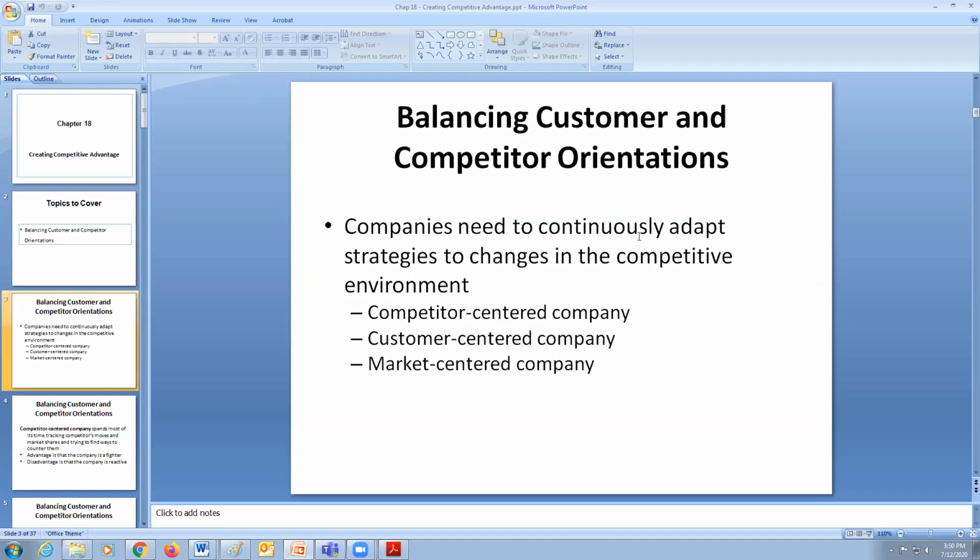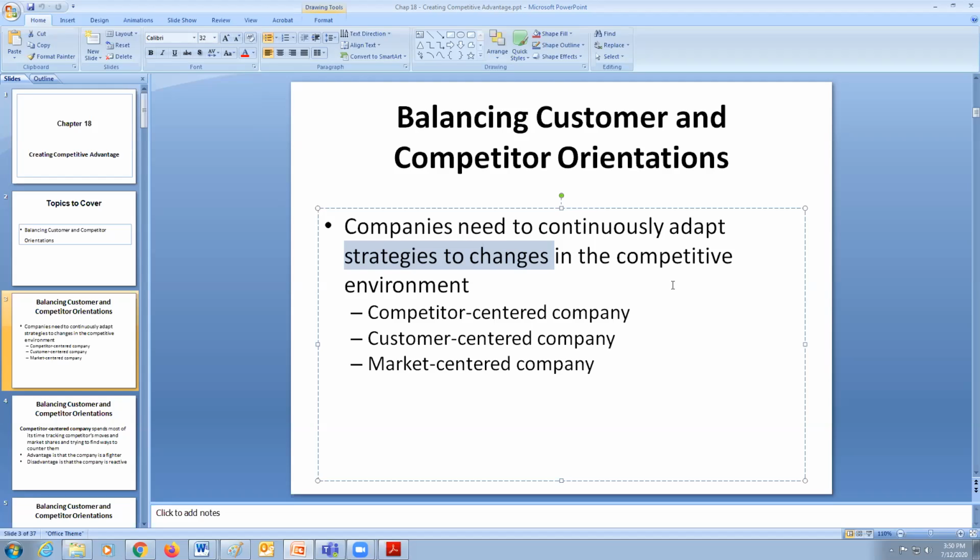Companies need to continuously adapt strategies to changes. You must be ready to accept the changes in the competitive environment. Competitor-centered company, customer-centered company, and market-centered company.